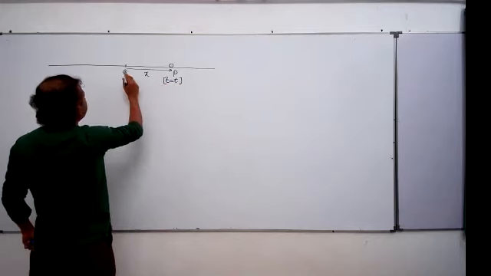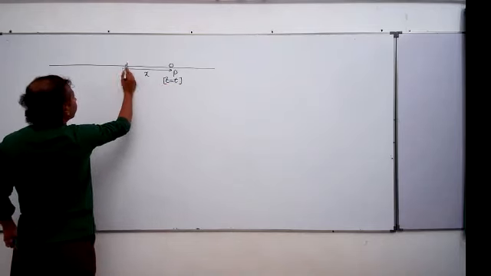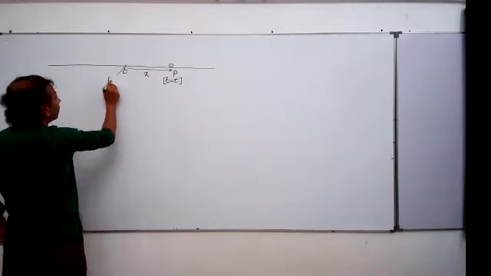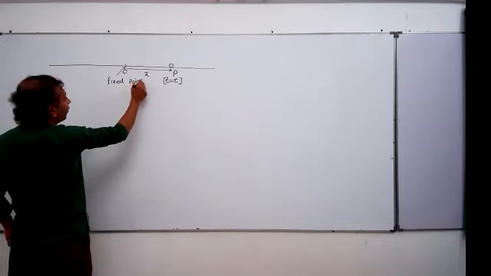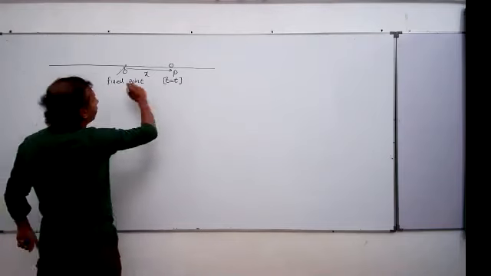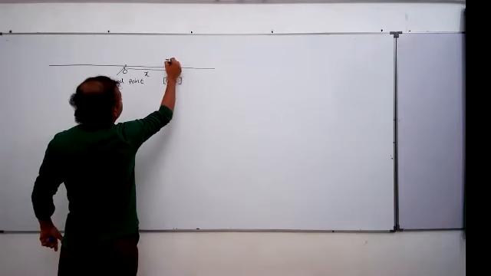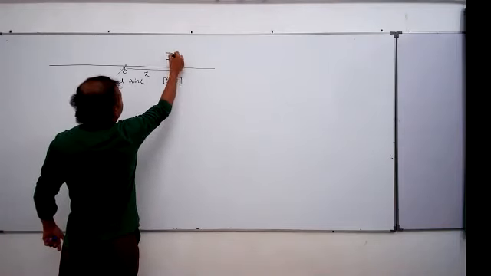Right. So then this is a fixed point. This velocity is x dot. Acceleration is x double dot.